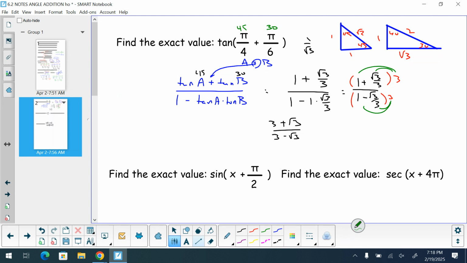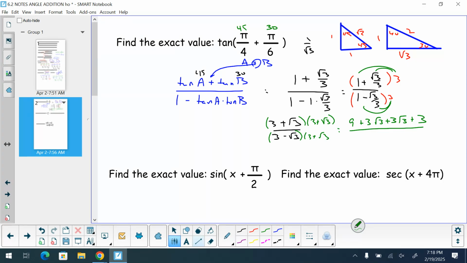So once again, looking at a conjugate. 3 plus square root of 3, 3 plus square root of 3. On top we have the value of 9 plus 3 square root of 3 plus another 3 square root of 3 plus 3. On the bottom, the middle terms will cancel out.